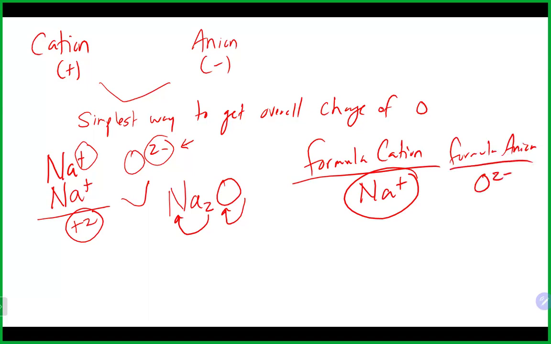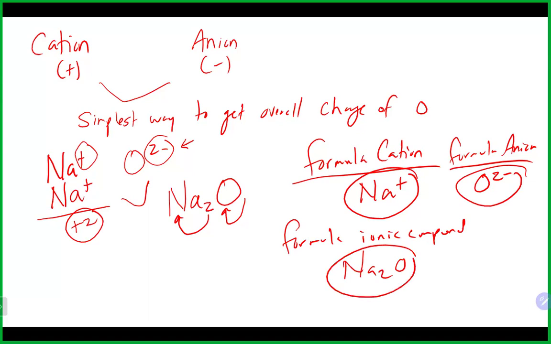You would need the actual -2 there written to indicate that it is an ion. Now, if you were asked to write the formula for the ionic compound, when you put those guys together, that is when we go to our Na2O, no charge. We balance out the positives and the negatives, and we get our proper formula. So whenever you take anything that's positive, anything that's negative, it should always equal 0 when you put it together. But it is still made up of things that do have charges, which are these ions. Any questions on that there?